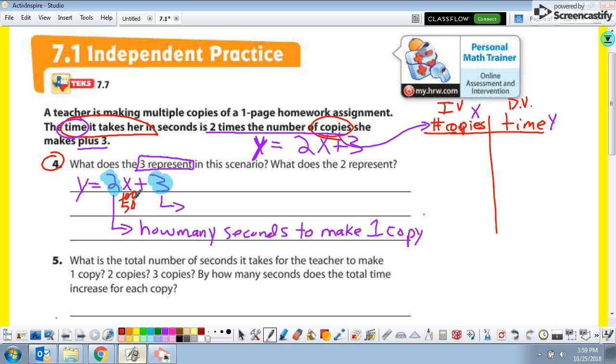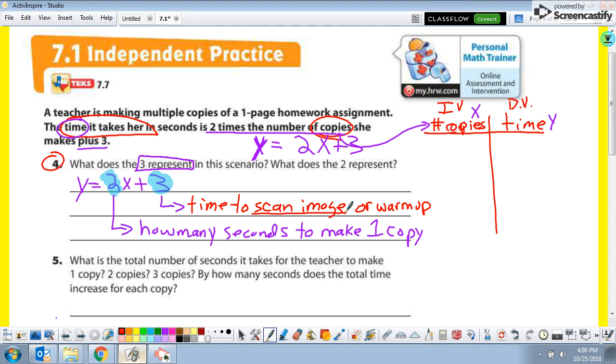We talked about in class that the 3 represents the time to scan the image, the original copy, or maybe the warm-up of the machine, but it's probably to scan the image. It takes 3 seconds to scan the image and then 2 seconds for every copy that you want to come out.